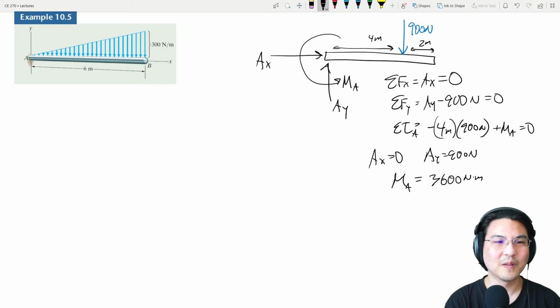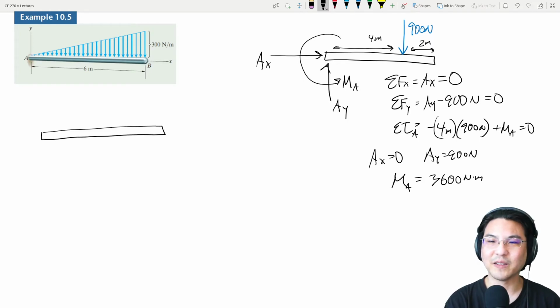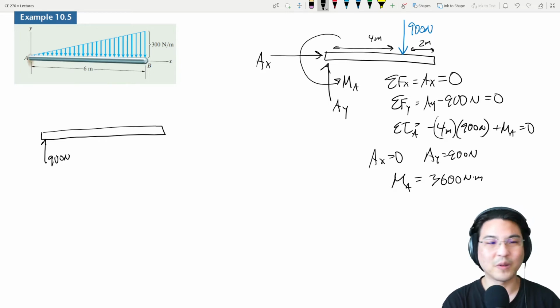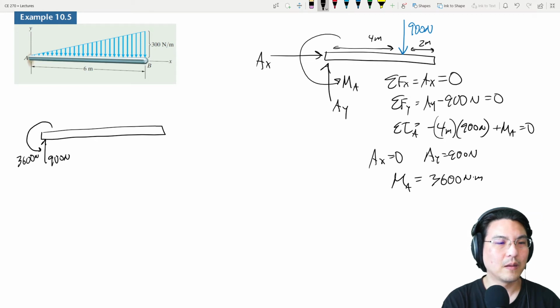Okay, so it looks like Ay is 900. Let me draw it over here. Ax is 0. There's a couple of 3600 Newton meters, and the distributed load.